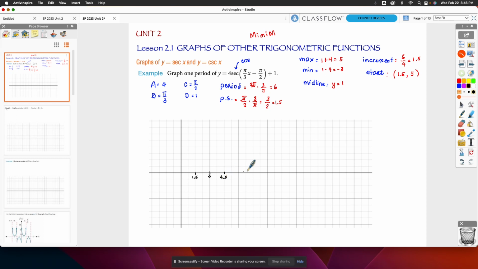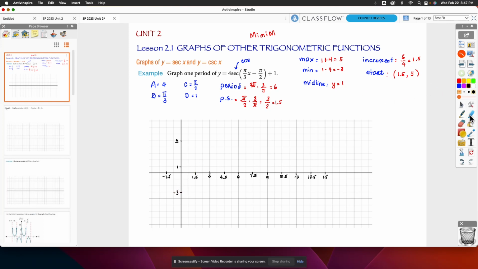So that's 4.5, 6, 7.5, 9, 10.5, 12, 13.5, 15. Okay, we can stop right here. And on the other end, we have negative 1.5. That would be fine. Maximum value is at 5, 1, 2, 3, 4, 5. So that's your 5. This is 1. And then the minimum is negative 3. 1, 2, 3. Negative 3 right here.